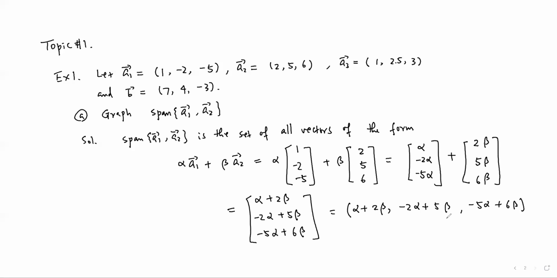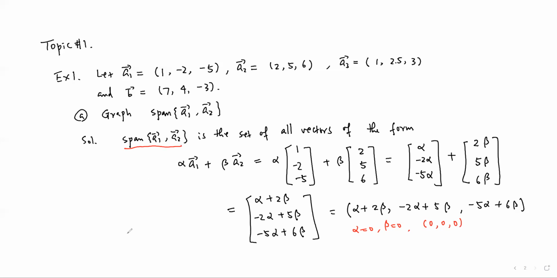Now, let me plot all the points. Pick some special values for alpha and beta. When alpha is 0, beta is 0, plugging 0 in alpha and beta, then I see this point is a point in this set.